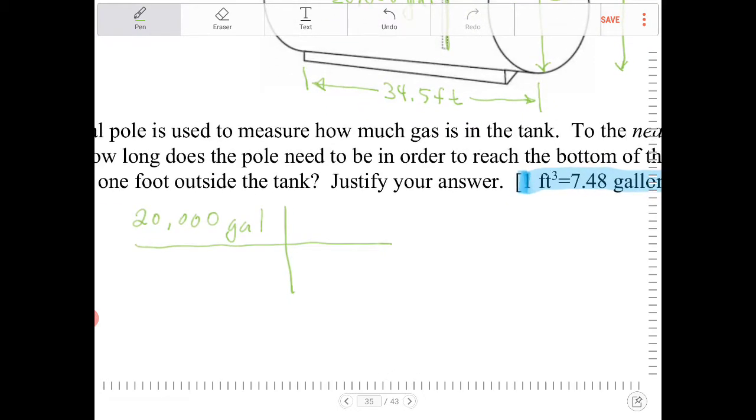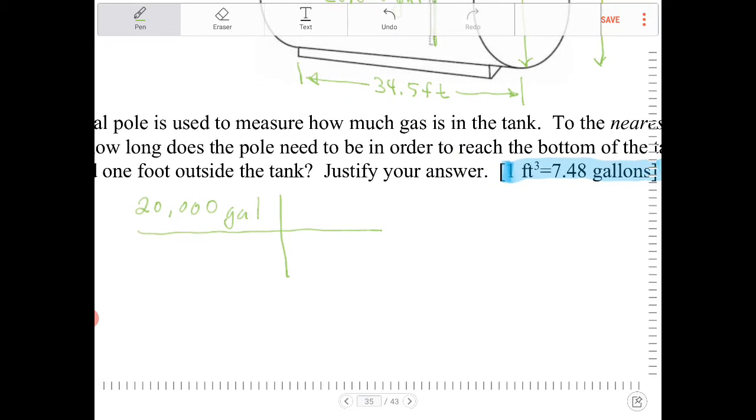I know that there are 7.48 gallons. Where am I going to place the 7.48 gallons, in the numerator or denominator? I want the gallons to cancel out, and right now the gallons are in the numerator, so the 7.48 gallons should definitely be in the denominator. For every 7.48 gallons, there is 1 cubic foot, so I'm going to place the cubic feet in the numerator.